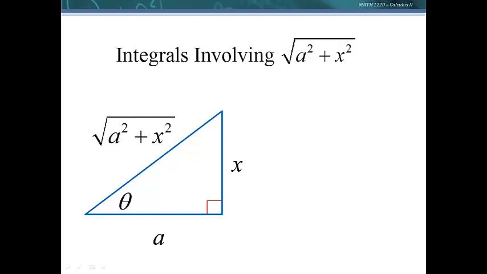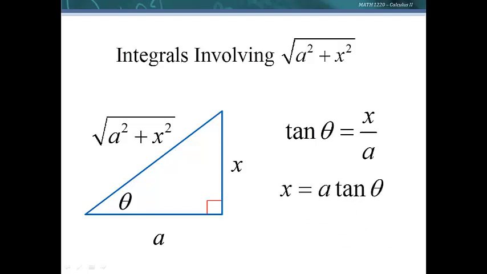So if we put theta in this triangle, then if we related the two easier sides to this angle, we would have tangent theta equals opposite over adjacent, solving for x, x equals a tan theta. So for integrals that have the square root of a squared plus x squared, this substitution is going to work nicely. And we would need to again restrict the angle so that we have a one-to-one function. And so we would restrict it from negative pi halves to pi halves.